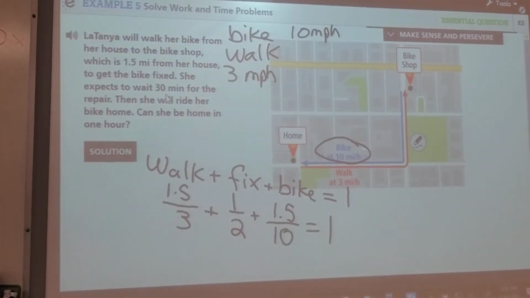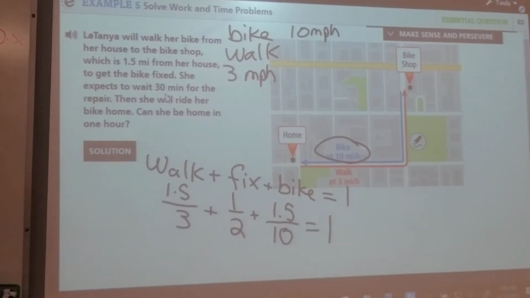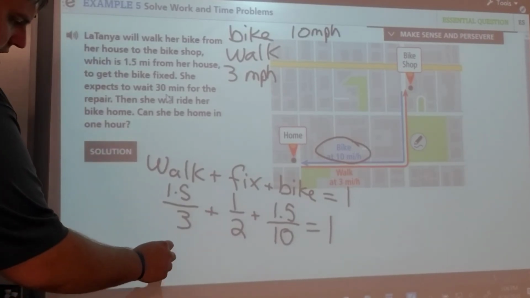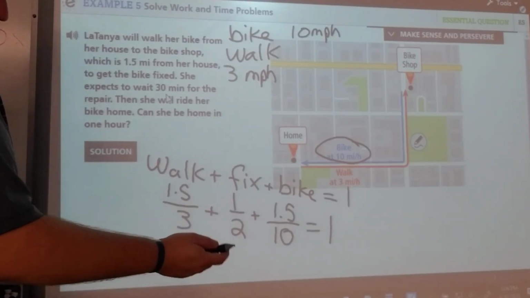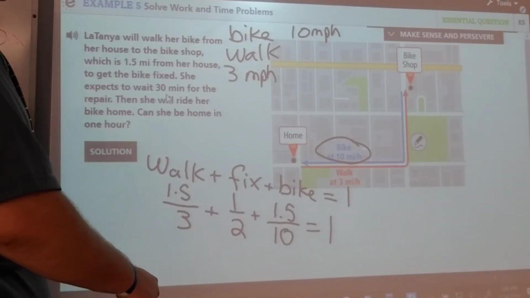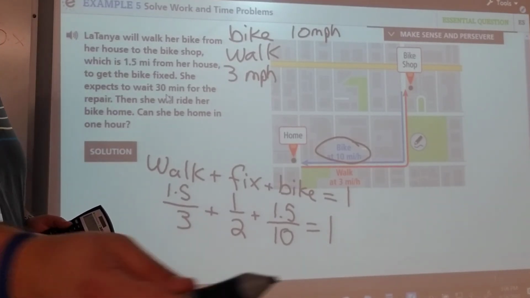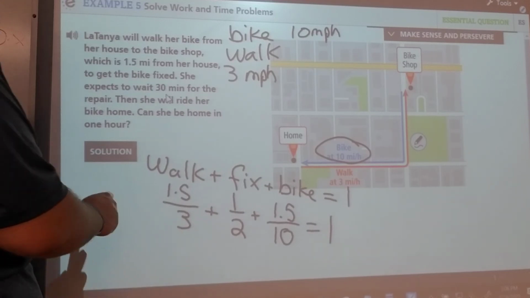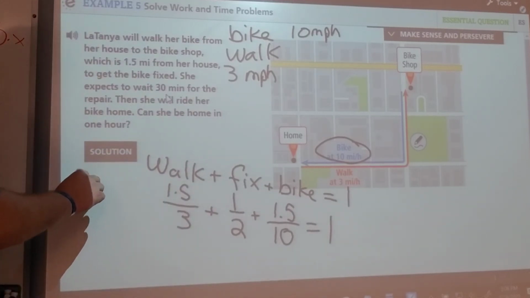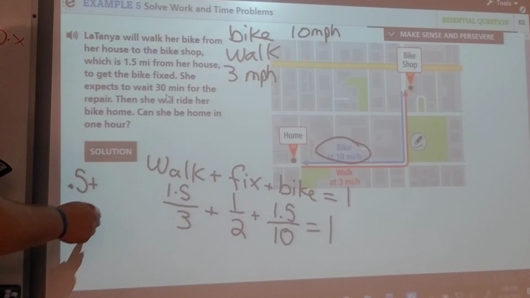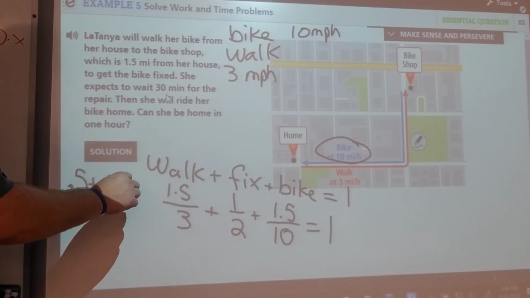So let's do a little bit of math. 1.5 divided by 3 is, like I said, let's just do decimals. That'll be easier, hopefully. I think I'm going to cut off the bottom of this, aren't I? Let's do it over here. So that's going to be 0.5. 1/2 is 0.5.